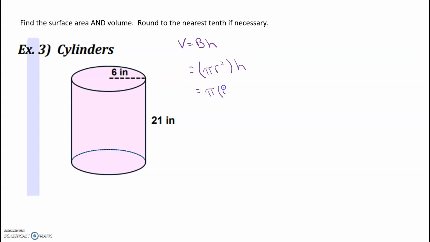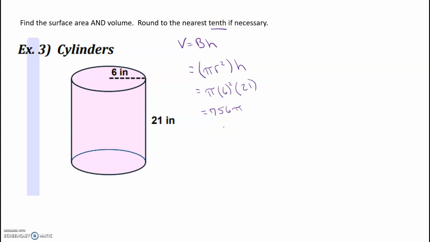Pi, your radius is 6 squared, and your height is 21. So let's do it in terms of pi. We'll have 36 times 21, which is 756 pi. That's exact.